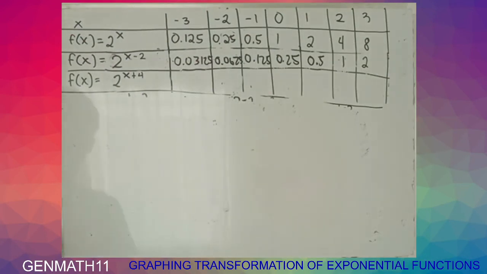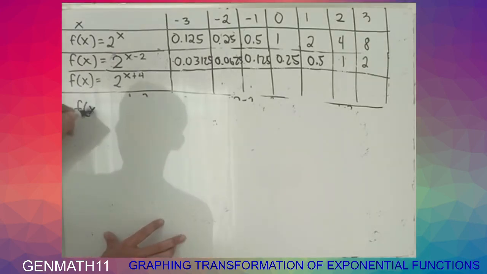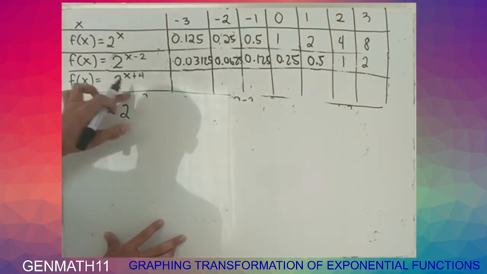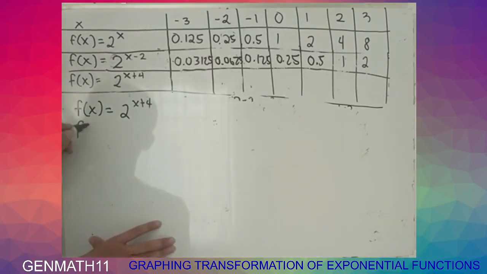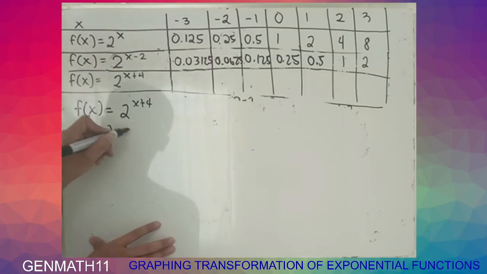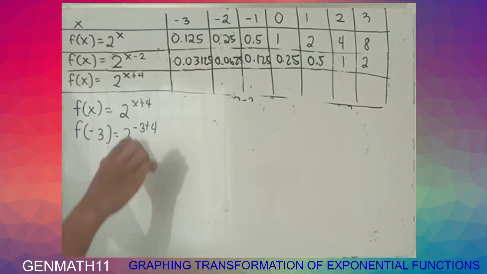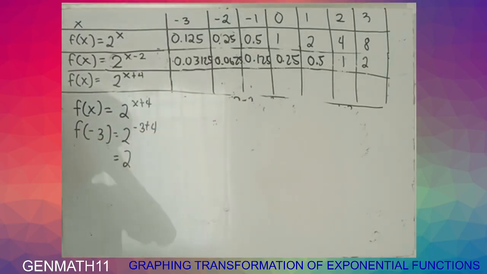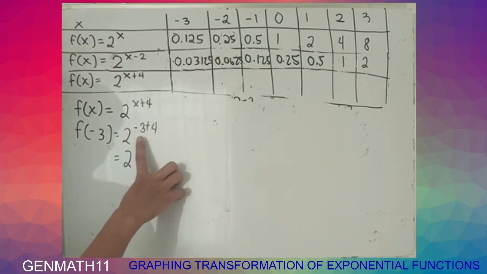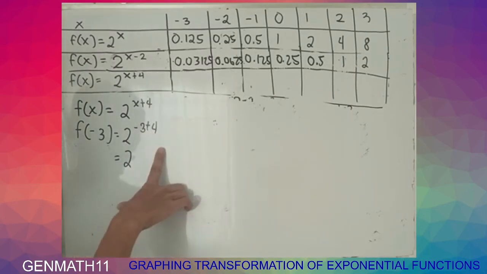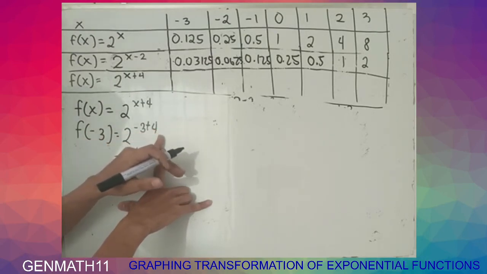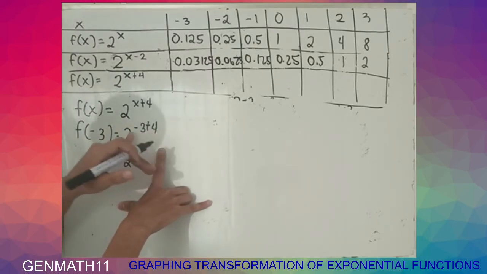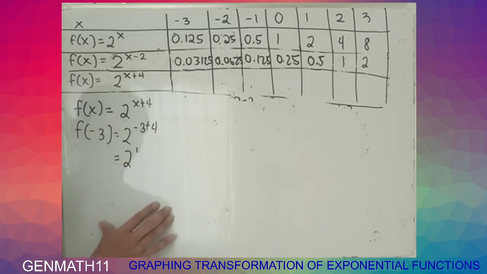Okay. Last na function, f of x is equals to 2 raised to x plus 4. Substitute lang natin yung value of x, negative 3. So, 2 raised to negative 3 plus 4. Dahil mas maliit si 3 kay 4, pag pinag-plus natin siya, ang sagot dyan ay 1, kasi pag binaliktad natin siya, 4 minus 3, positive 1.